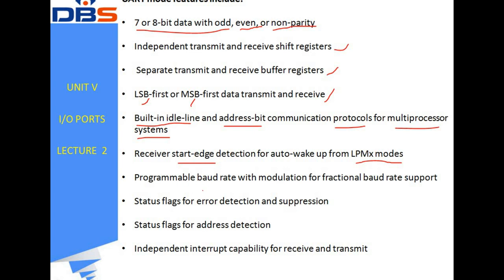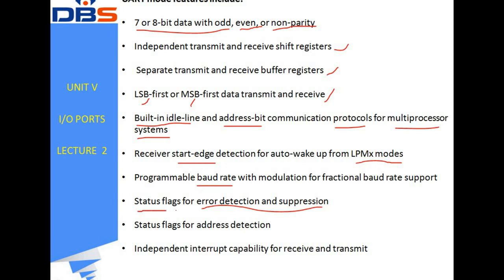Coming to the next one, programmable baud rate with modulation for fractional baud rate support. The baud rate will change based upon the input numbers, and status flags are affected. Error flags will be discussed in the upcoming slide. Status flags are for error detection and suppression.